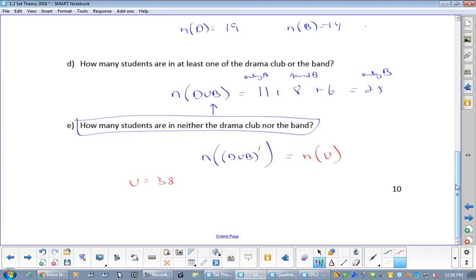The number of universal minus N D union B. Okay, so my universal was 38 minus, okay.